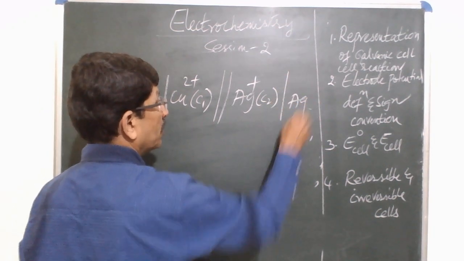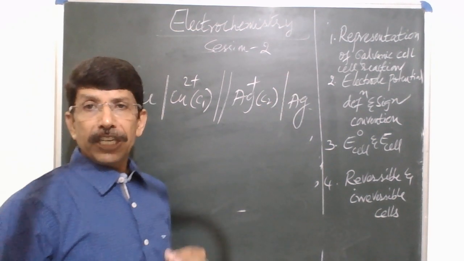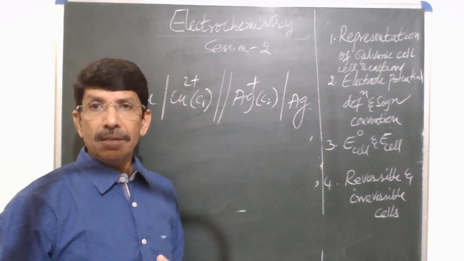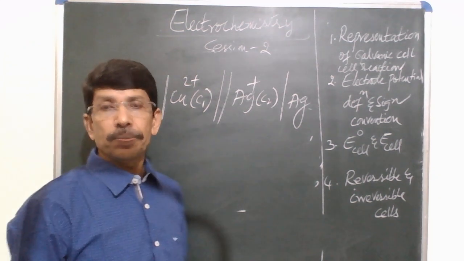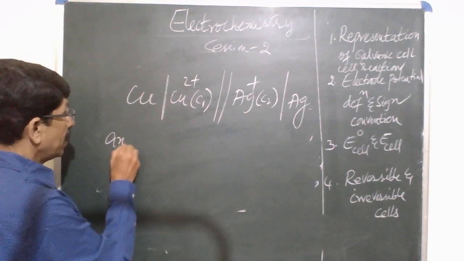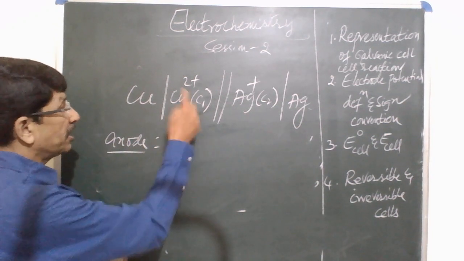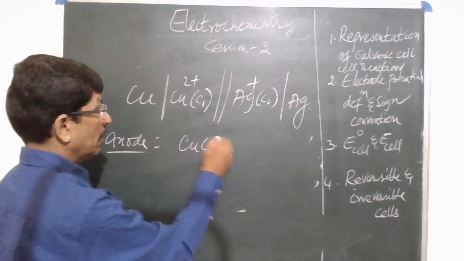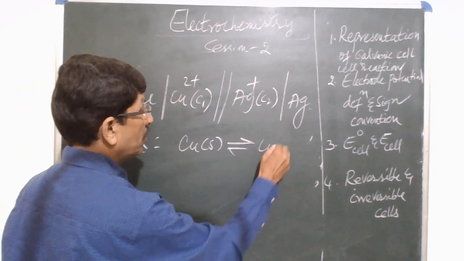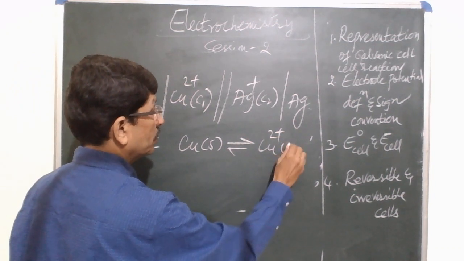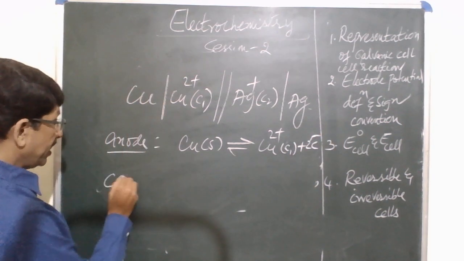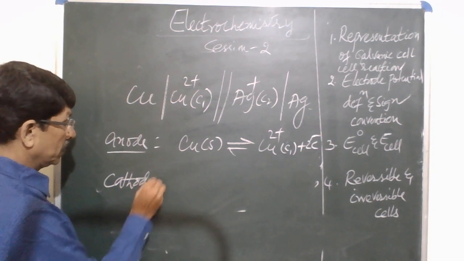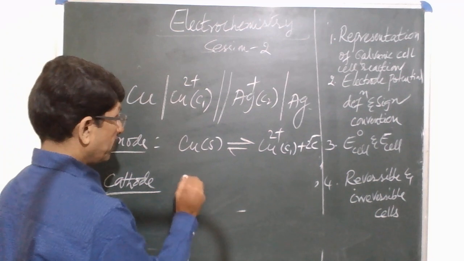And this is the representation of a galvanic cell constructed using a copper electrode and a silver electrode. So what is the cell reaction? At the anode, oxidation takes place. So copper undergoes oxidation, and at the cathode, reduction takes place.